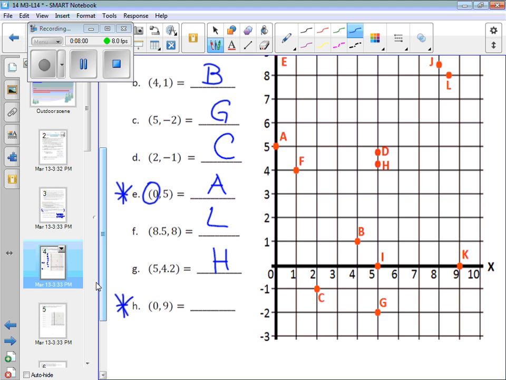I'm going to do the same thing with H as I did with point E. How many for letter H have K? How many have E? It is E. Same thing. I am not moving at all along the x. I'm going up to 9.